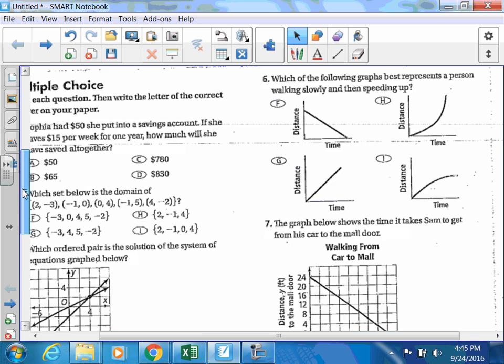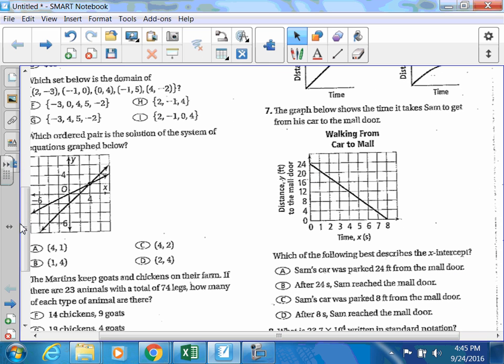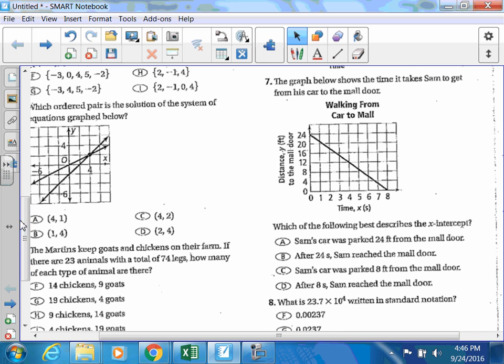Number 7. Here we have a graph of a function. It shows the time it takes for Sam to get from his car to the mall door. So as time goes by, at 0 seconds, he is 24, I guess it would be feet from the door.